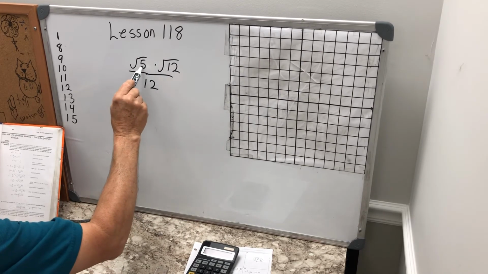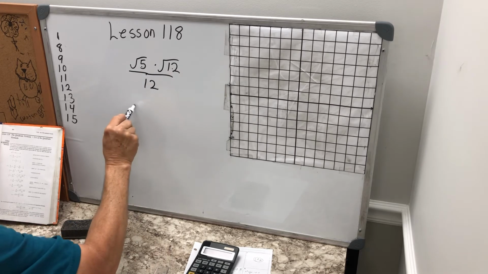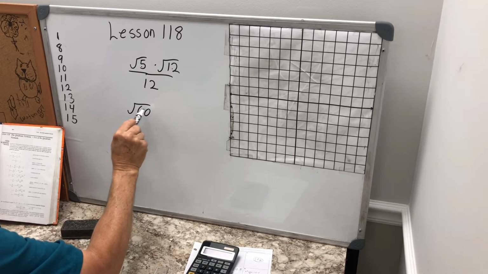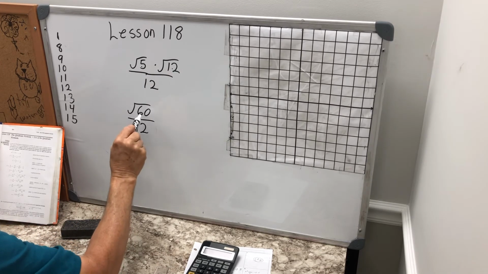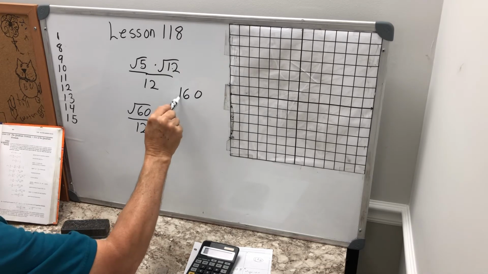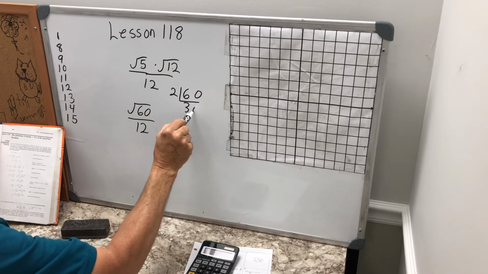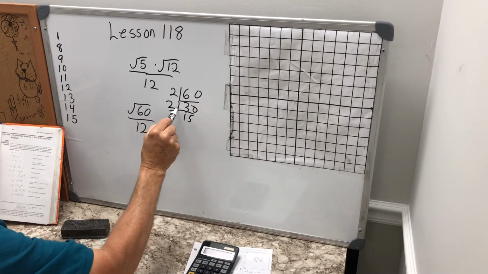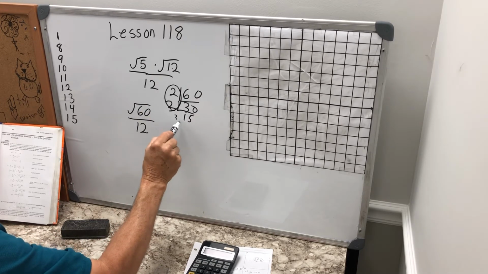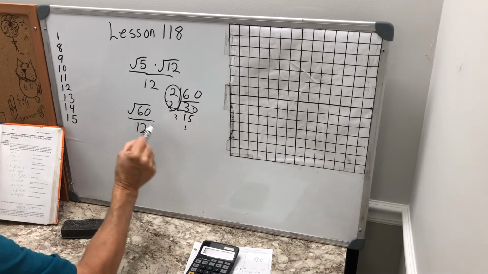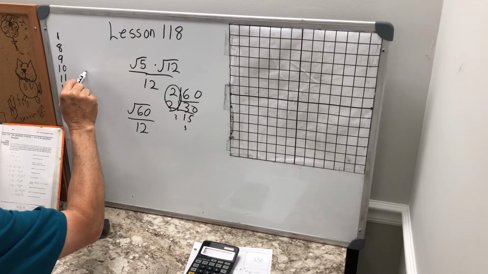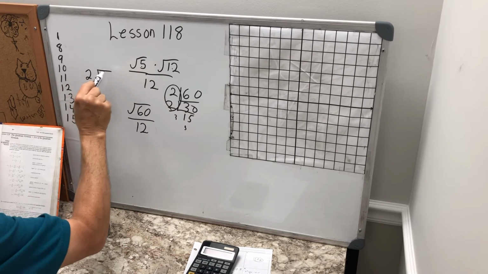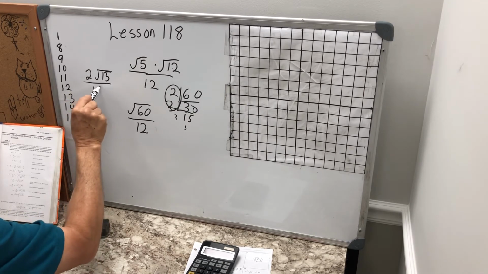Now the square root of 5 times the square root of 12 is the square root of 60 over 12. Can we simplify 60? I believe we can. 2, 30, 2, 15. Oh, that's where we have to stop. We have a 3 and a 5 that would work. So now that makes this 2 times the square root of 15 over 12.